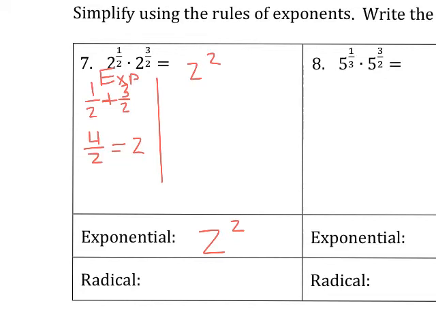There is actually no radical form here. If there's not a fraction left in your exponent, there is no radical form. So you can just put a big X on that, or a squiggle, or whatever. You might just put a note, no rad form.